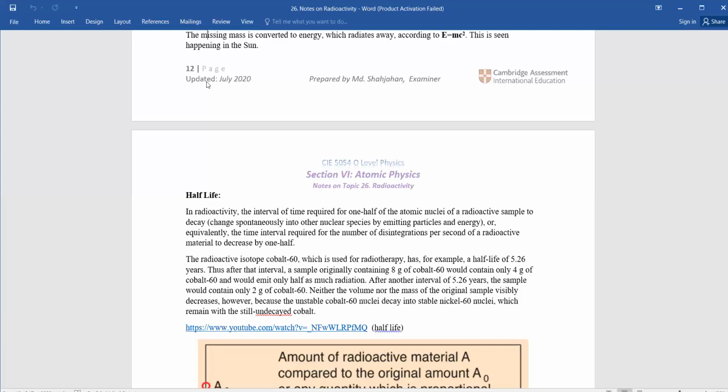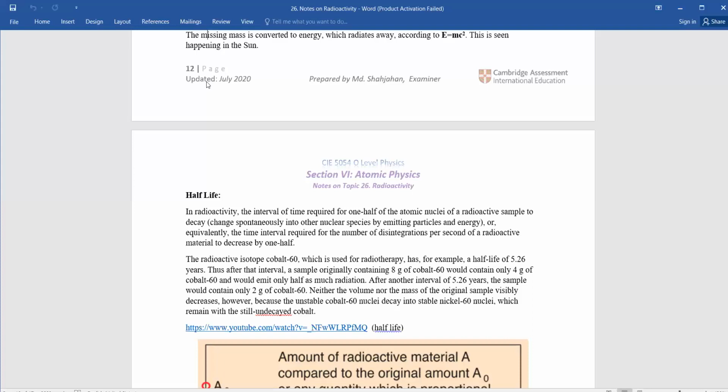It's not only a property of uranium; polonium, plutonium, all these radioactive particles show this property. Even carbon 14 shows this. Why? Because the ratio of protons and neutrons is different.